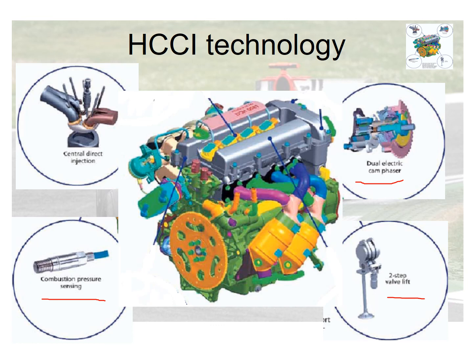We can sense the pressure, so we can control the pressure inside the combustion chamber. And also we have central direct injection for higher performance combustion. So this is the kind of technology that has improved the engine performance.